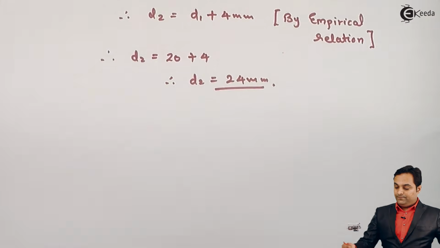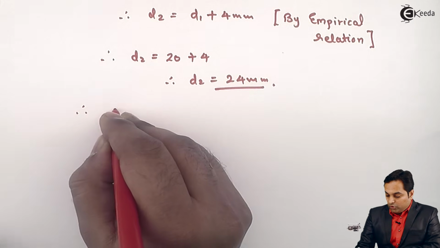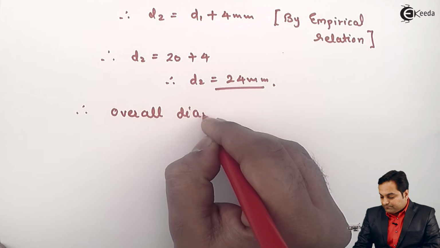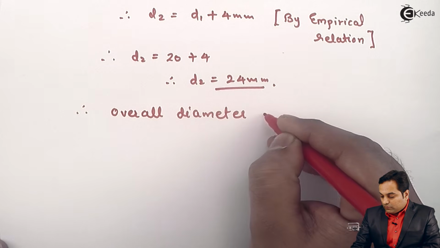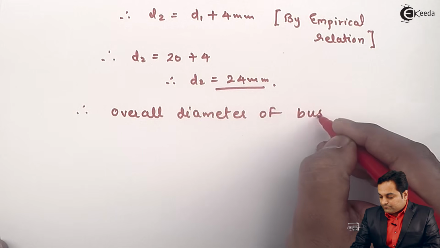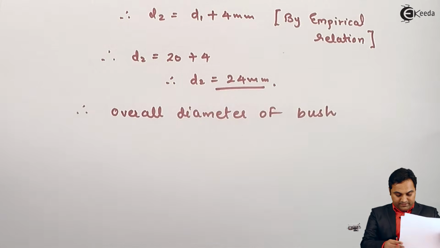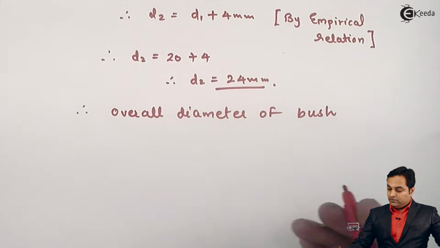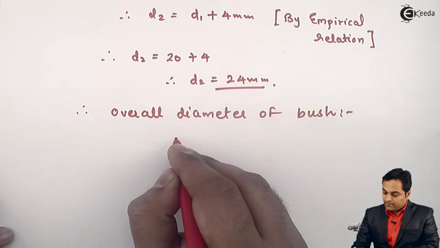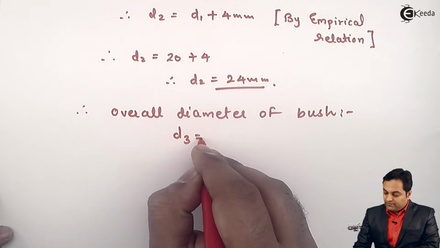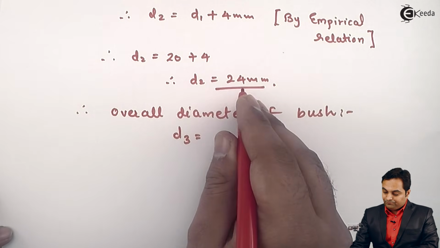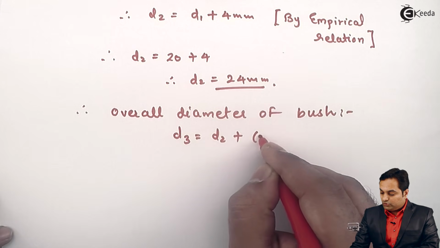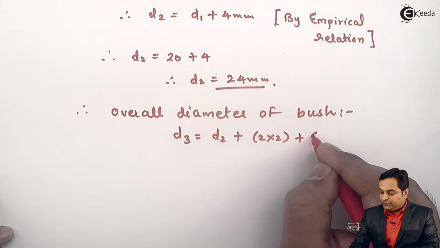I'll say that the overall diameter of bush, I'll denote it by D3, is equal to D2 plus 2 into 2 plus 2 into 6.